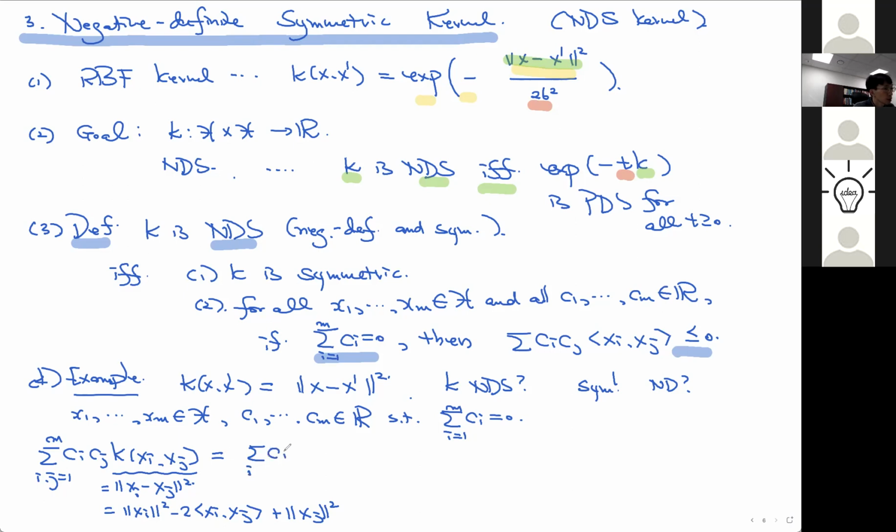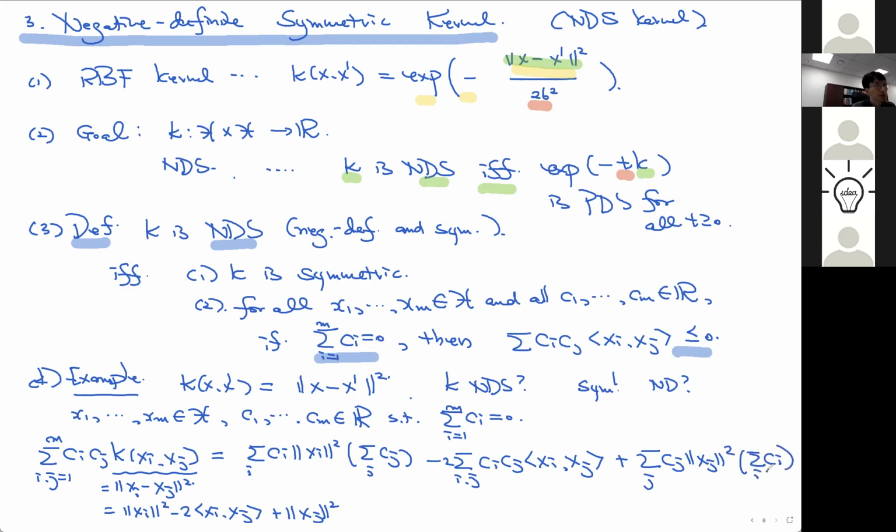We have the sum of ci xi squared times the sum of cj, minus the summation of ci cj times 2 xi xj, and then another term, the sum of cj xj squared times the sum of ci.